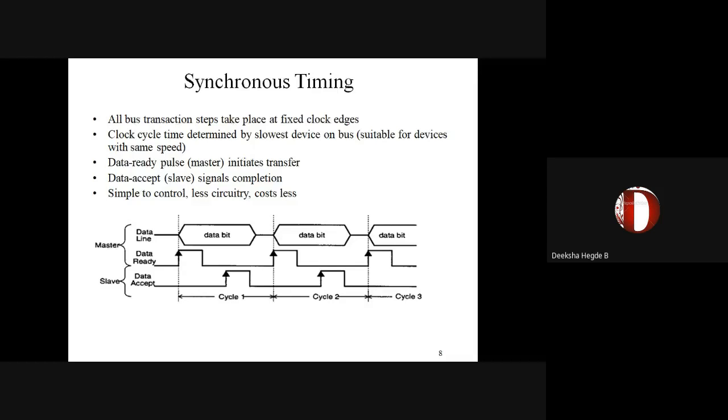If you have relatively the same speed, it is good to have a synchronous bus with a fixed clock period. Otherwise, you can have asynchronous bus timing using varying length cycles.